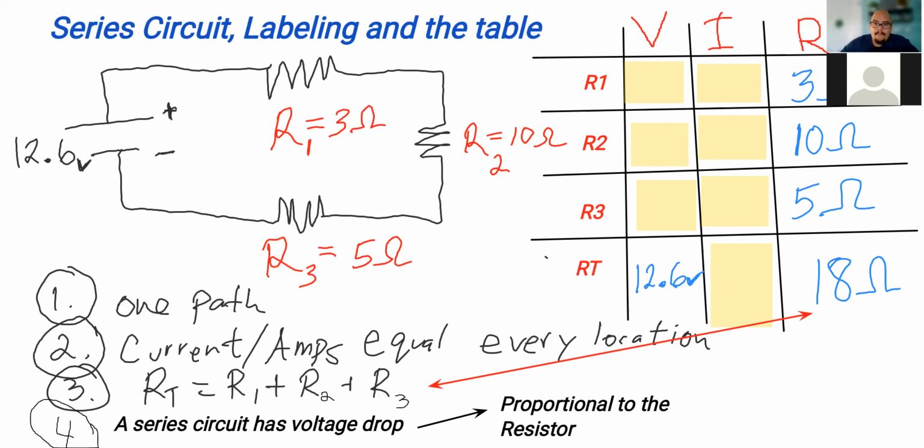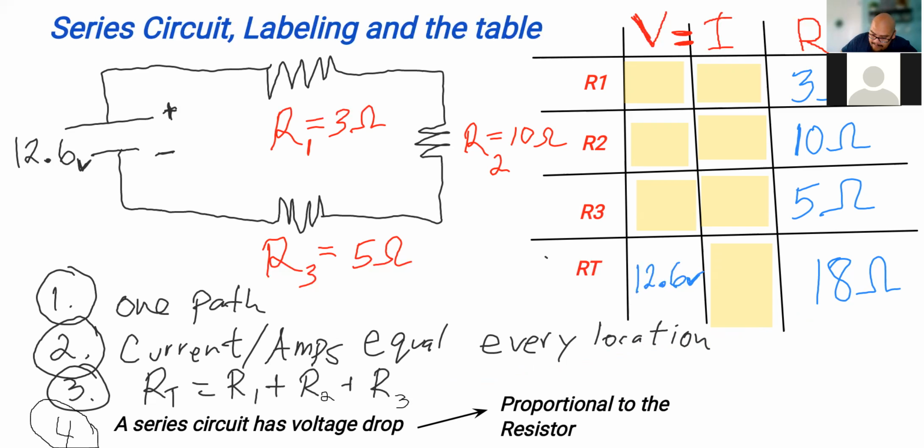Now, what else can we say? Well, when you're looking at Ohm's law, the equation, and the reason why I set up my table in this manner is because I have Ohm's law right here. V, if you look at the top of the table, at the heading row, I have V here.